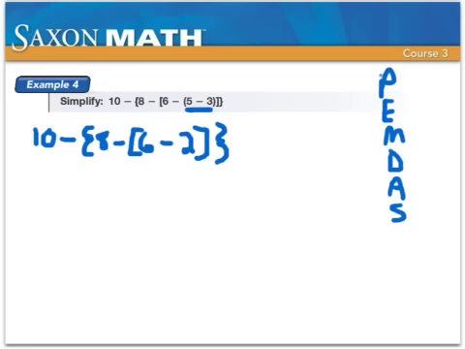Well, now again, I still look inside my braces. And inside those braces, I've got brackets that I have to do first. So I'm going to do those brackets first. Again, underlining the step we're going to do. Everything else stays, so 10 minus brace, I got 8 minus, and then 6 minus 2 is 4.